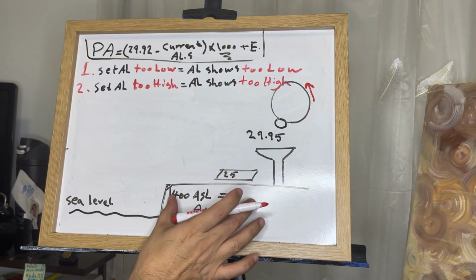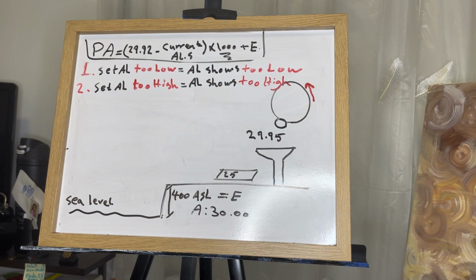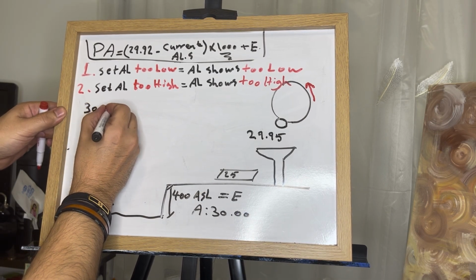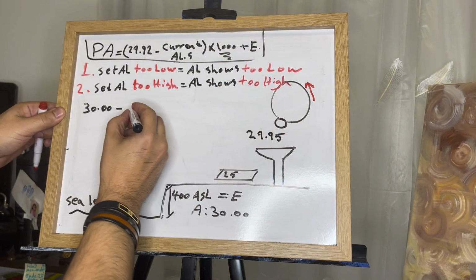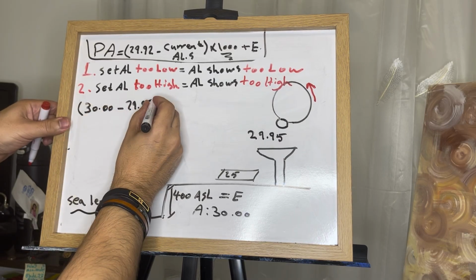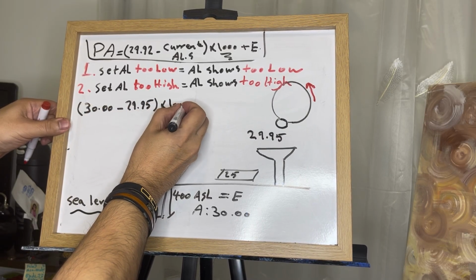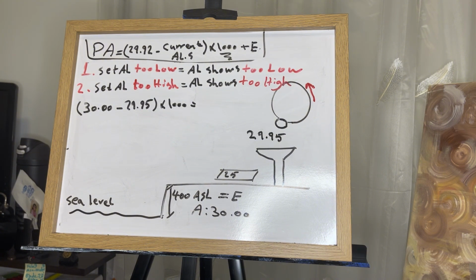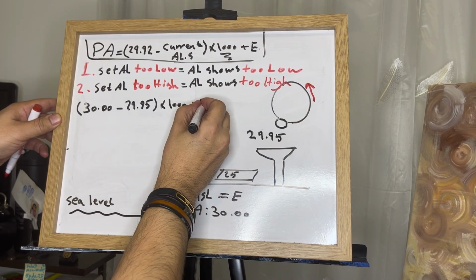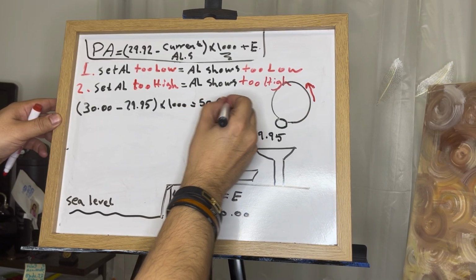From elevation, calculate: current local pressure 30.00 minus the current altimeter setting you did, 29.95, multiply by 1000. 30.00 minus 29.95 multiply 1000 gives 50 feet above sea level.